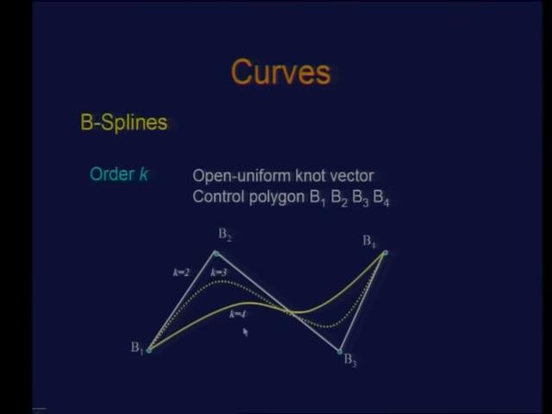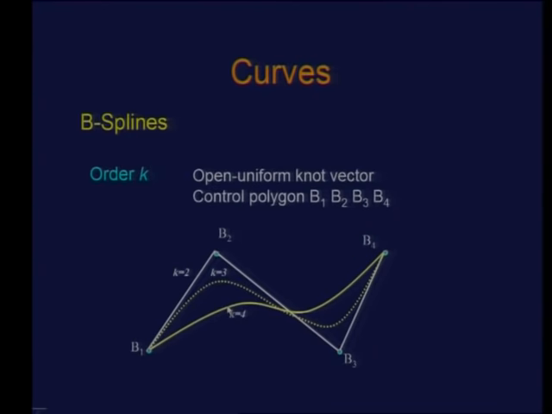So, what we observe is that as we change the order, there is a slackening of the curve. When the order is the maximum I could have, which is the number of control points, the curve is quite tight. As I reduce the order, the curve slackens, and in the limiting case it goes to the polygon itself.